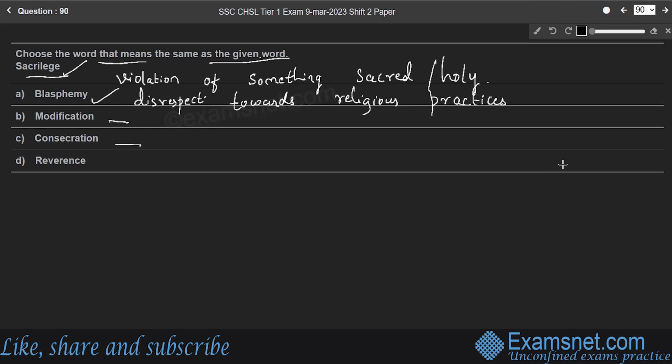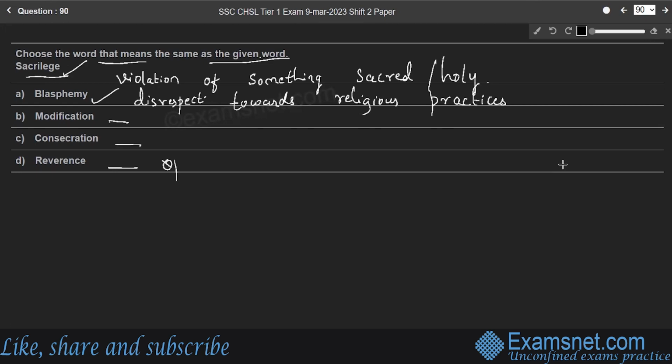Next, consecration. Consecration refers to the act of declaring or dedicating something as sacred or holy, which is the opposite of sacrilege. Whereas reverence, what is reverence? It is the feeling or attitude of deep respect, honor, and awe towards someone or something, which is also the opposite of sacrilege.